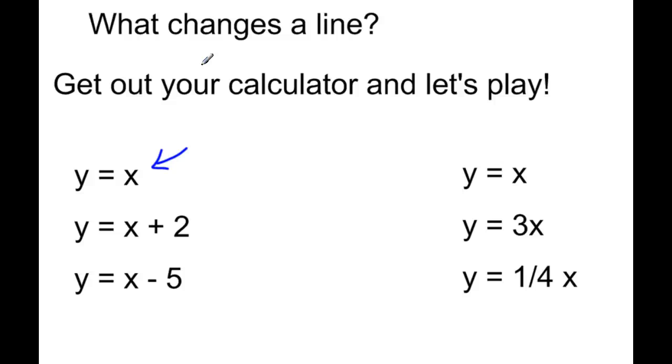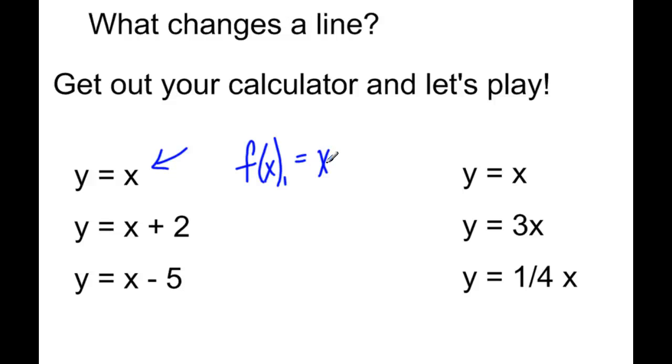You'll hit the tab button and you'll see fx1. And remember, that just takes the place of a y. So this is like saying this is the first equation and this is y equals. And you're going to put in an x and hit enter and it's going to graph it. And that should be a line that goes right through the origin.